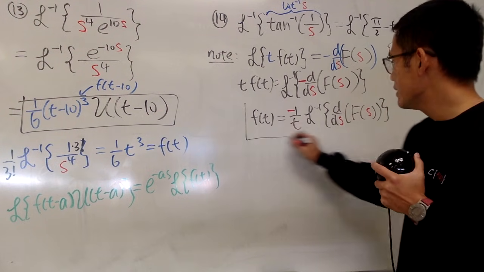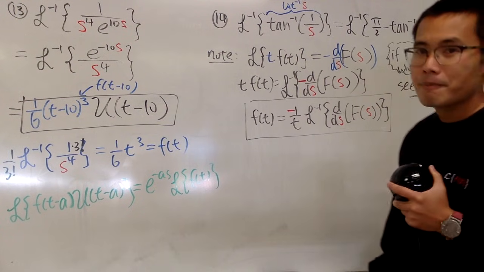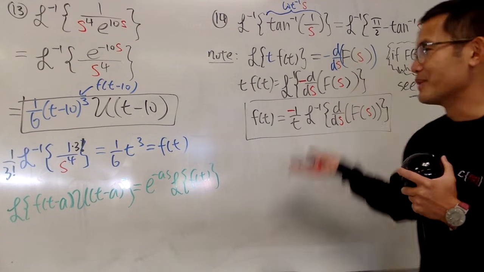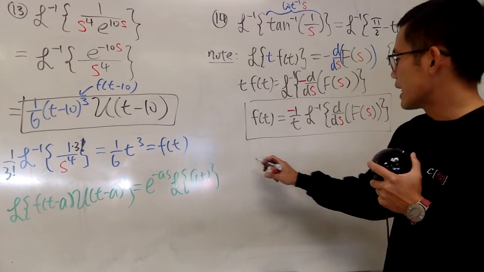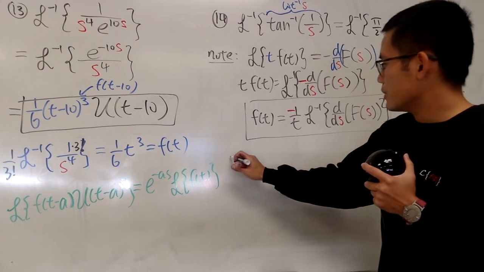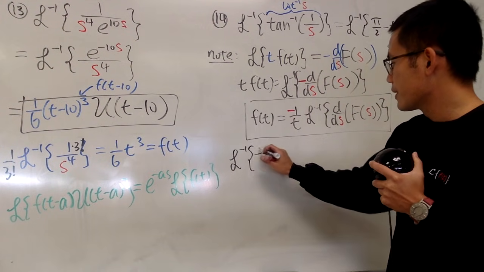So this is a very nice formula. No, this is not the answer; we haven't done it yet. Here we go, so this is how we are going to do it, to get the inverse Laplace of this.